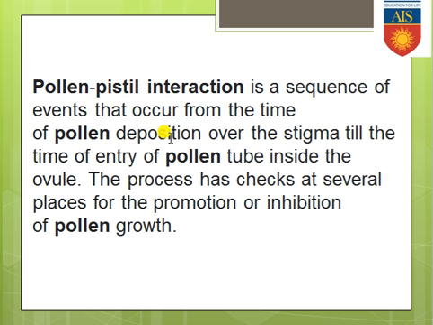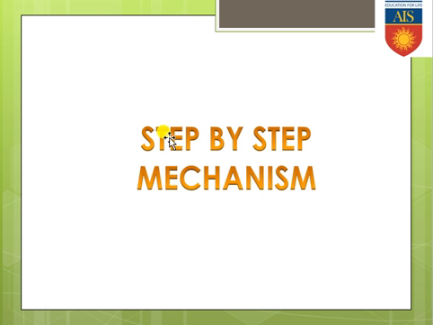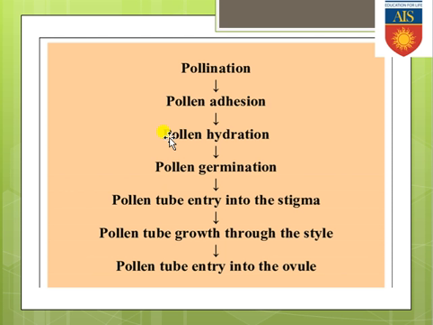So let's see the mechanism of pollen pistil interaction in very short, step by step. First, pollination happens, that means the pollen grain is transferred onto the surface of the stigma. After transferring, the pollen gets adhered to the stigma surface. After adhering, the pollen gets hydrated.